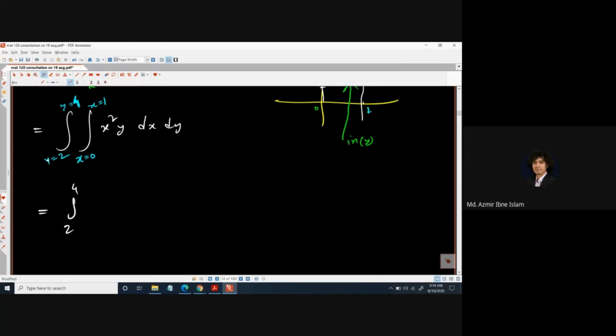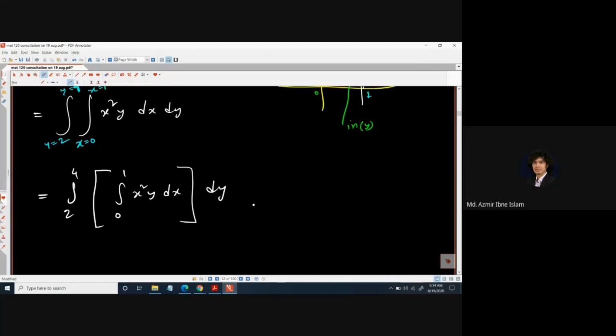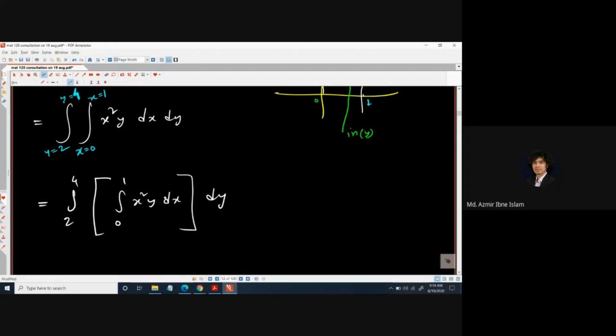We have already mentioned y and x, so we don't need to mention them again. Let's integrate first for x, from 0 to 1. I am using this square bracket so that you can easily separate what we have to do first.